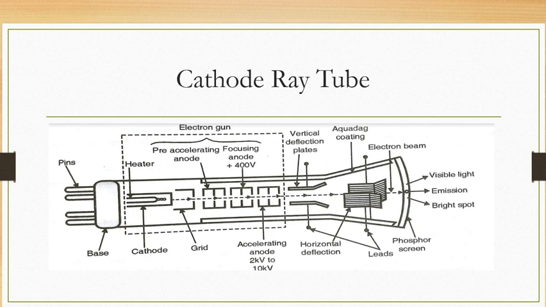I think you have seen the old TVs or TV picture tubes. Inside those, electromagnetic deflection is generally used, but in the oscilloscope, electrostatic deflection is used, as it requires negligible power and supports high frequency operation. That's why we use electrostatic deflection in the CRO.